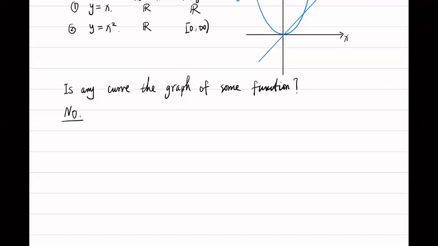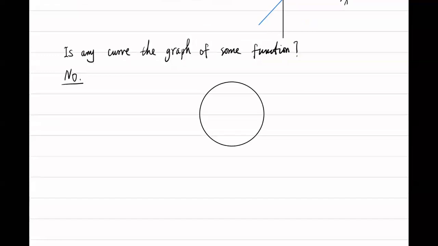Okay. So if we have a circle, okay, so what you mentioned is the vertical line test.